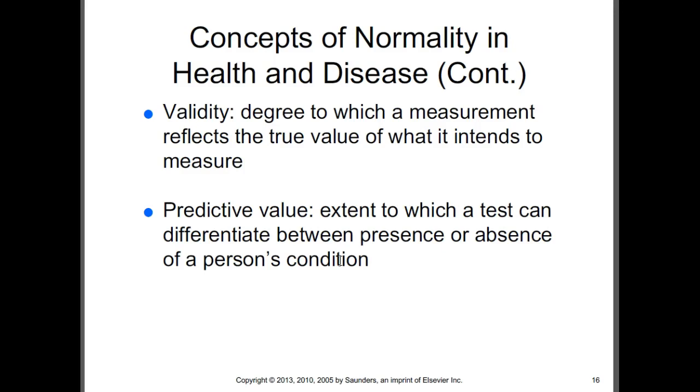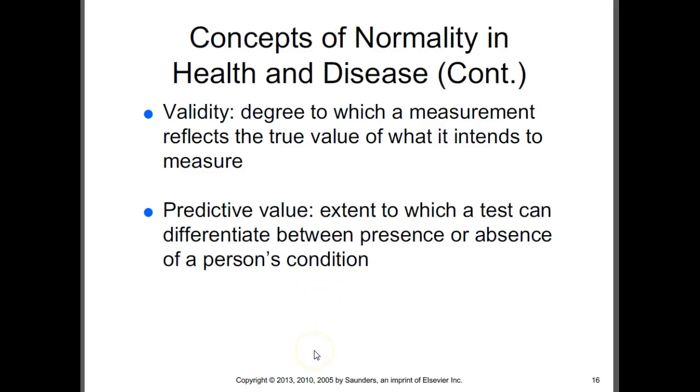Okay, so validity is the degree to which a measurement reflects the true value of what it intends to measure. Is this valid? No. Is it reliable? It's reliable 2 times out of the day. It's reliable, but it's not valid. So you have to make sure that you understand the difference between reliability and validity.